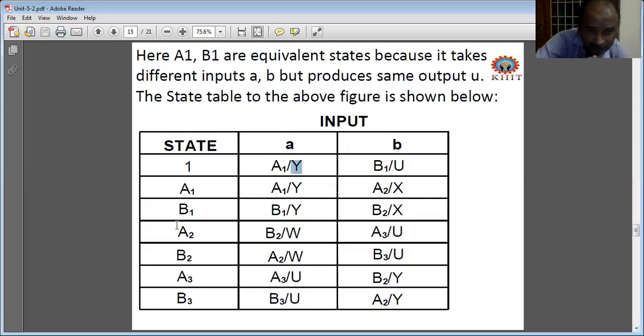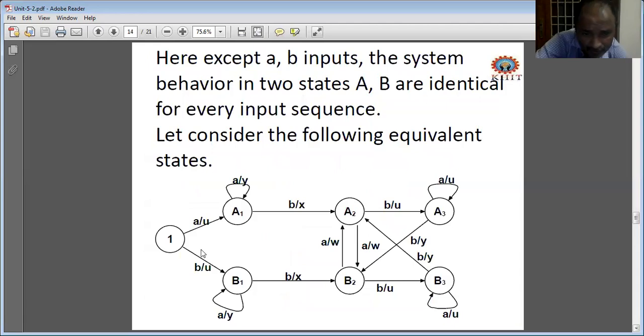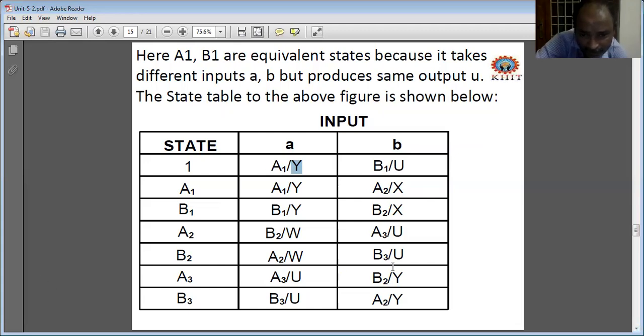Similarly, B1 to B1 is Y, B1 to B2 is X. Similarly, A2 to B2 is W, A2 to A3 is U. Similarly, B2 to A2 is W. Then B2 to B3 is U.